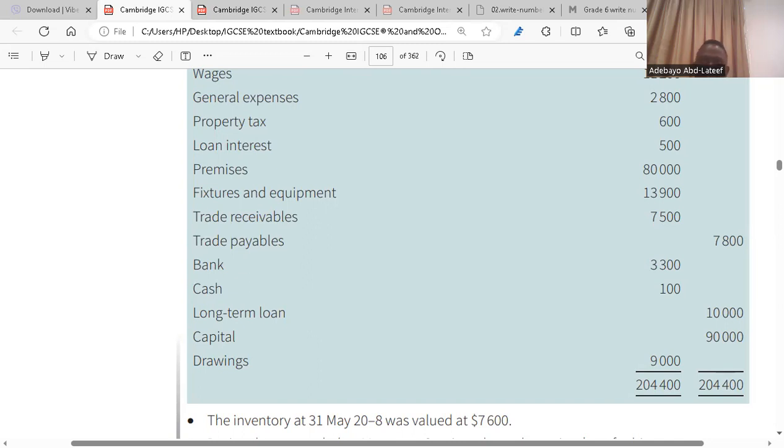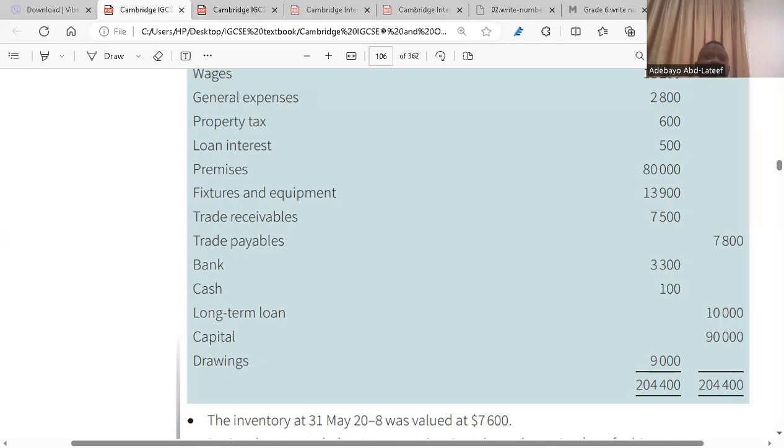In your capital and liabilities, you have your profits. First, you have your capital. Yes. As soon as you have your capital, you add the loans you take. You add your trade payables. All of them to be added. You add your profits. And you less your drawings.